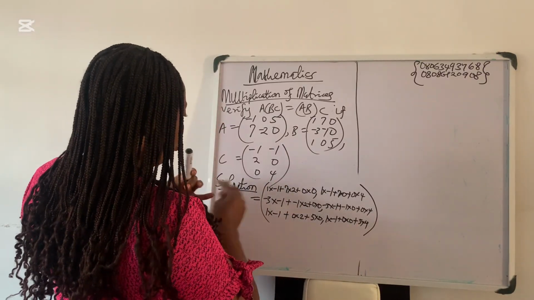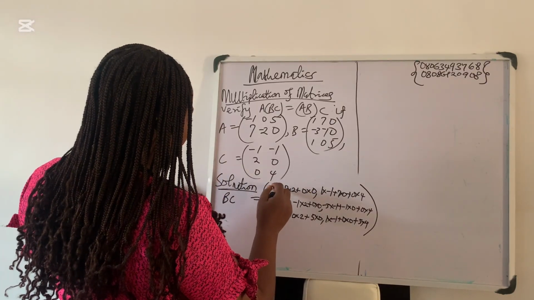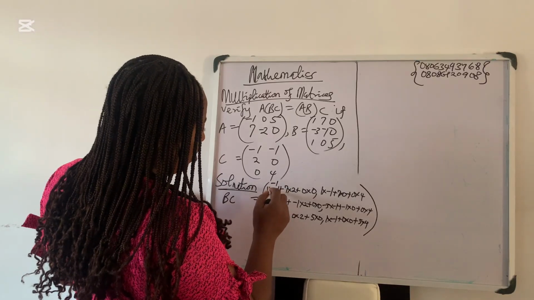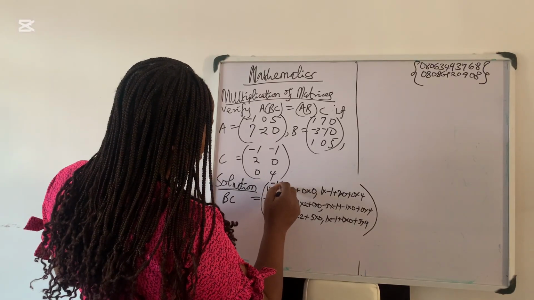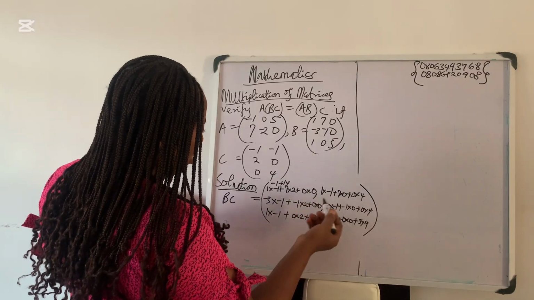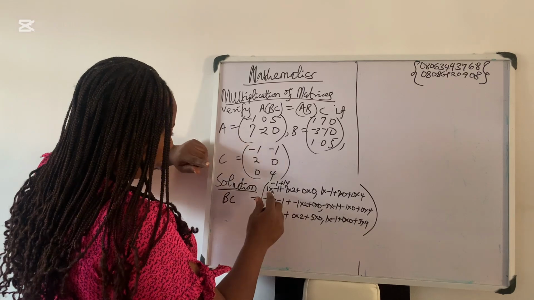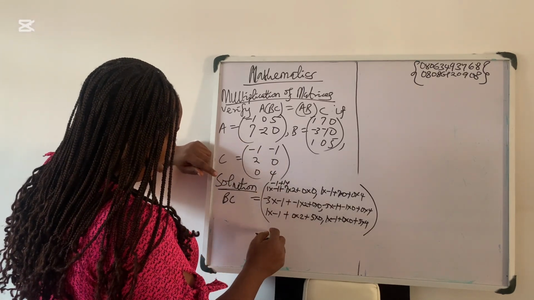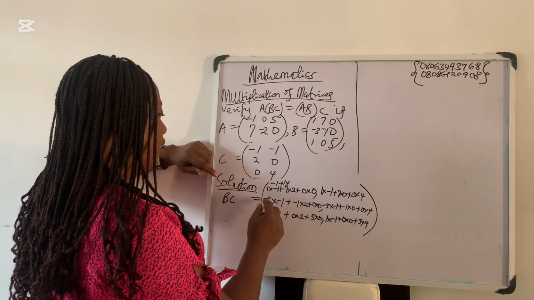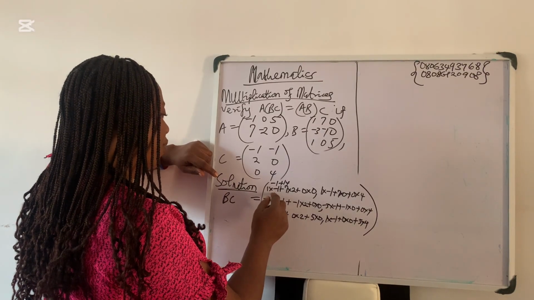Now, 1 times minus 1 is minus 1. 7 times 2 is 14. That is minus 1 plus 14. 0 times 0 is 0. So here we have minus 1 plus 14, which gives us 13. Then for this, minus 3 times minus 1 is plus 3.